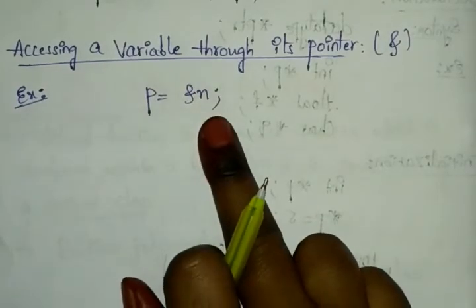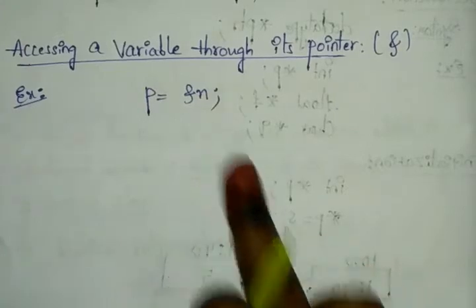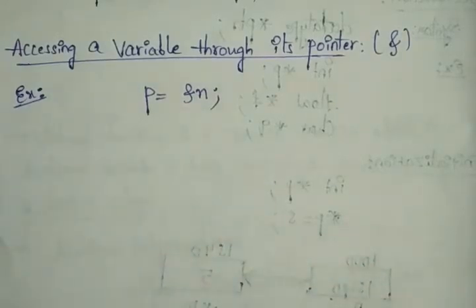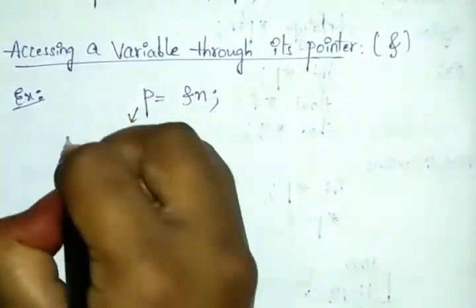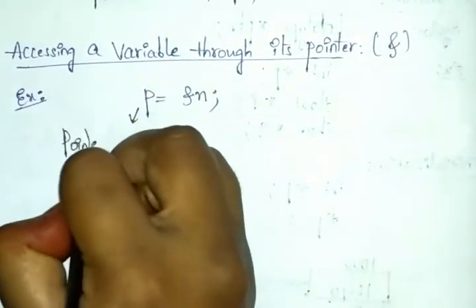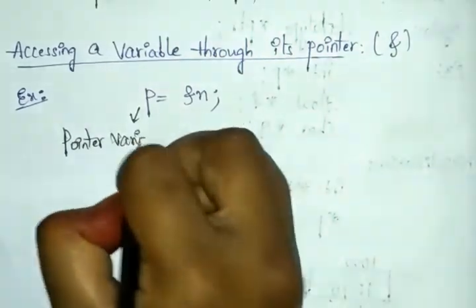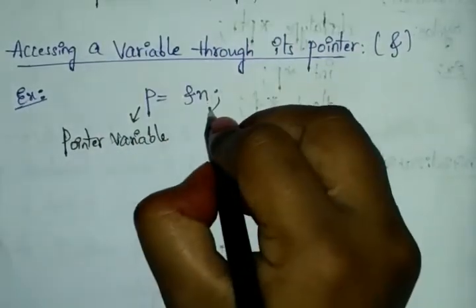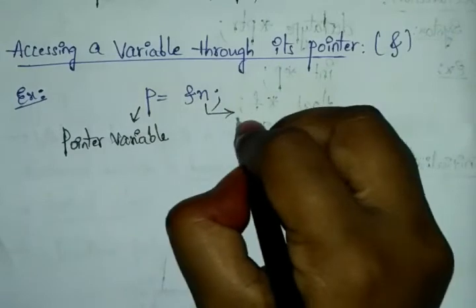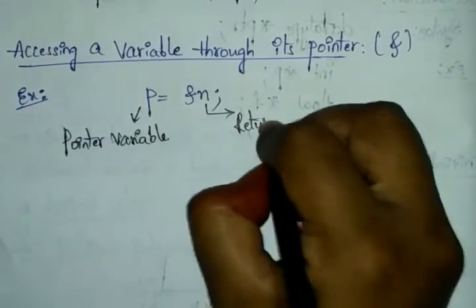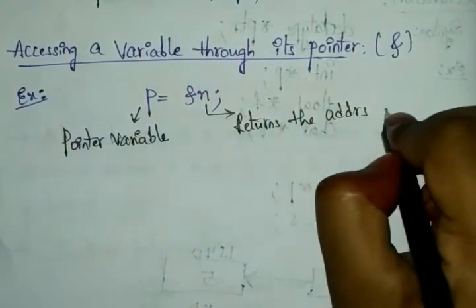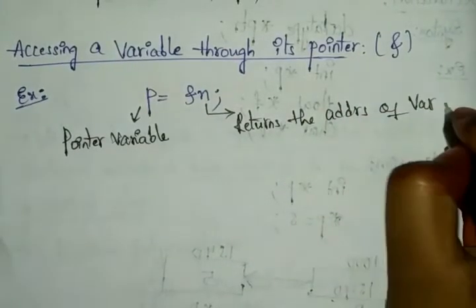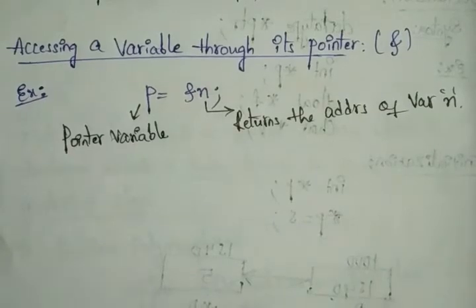Address of n means it returns the address of variable n. So p is the pointer variable, and the address of n returns the address of the variable n, right?